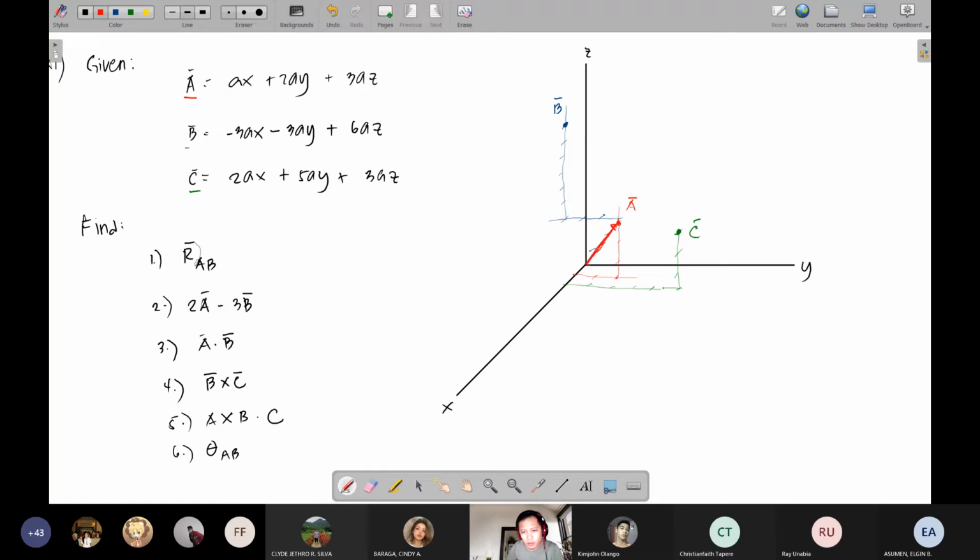Una itong vector A. Then, ang ato ang vector B. Then, ang ato ang vector C. Okay? Muna itong vector A, vector B, and vector C. Now, pangutana ko ng vector from A to B. So, vector from A to B, meaning, gikan sa A, padong ni B. Kana may pangutana kanina, vector from A to B.